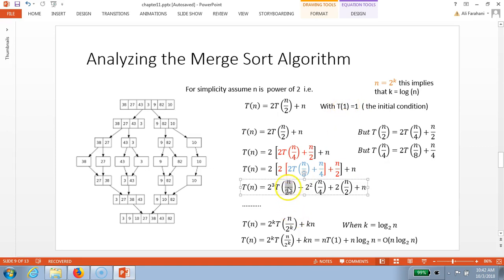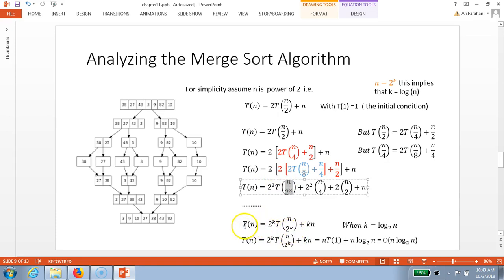And when would that reach 1? When I repeat this expansion k times, right? Because the assumption was that n is a power of 2 and can be written as 2 to the k. We don't know what k is yet. Of course, it is log of n when you solve it. But we say that we are going to expand this expression k times.